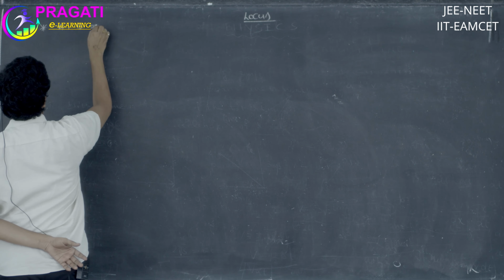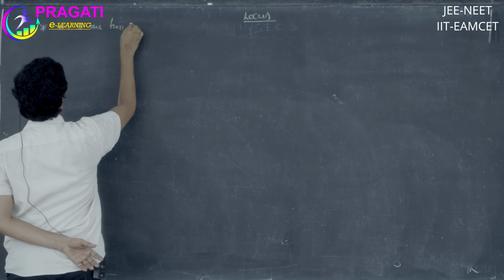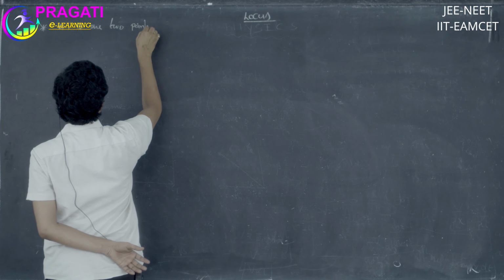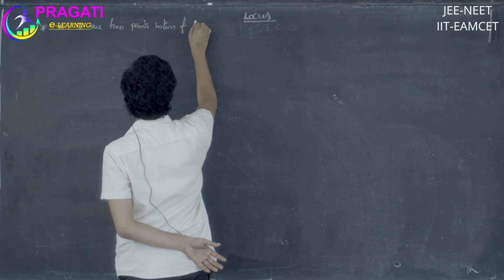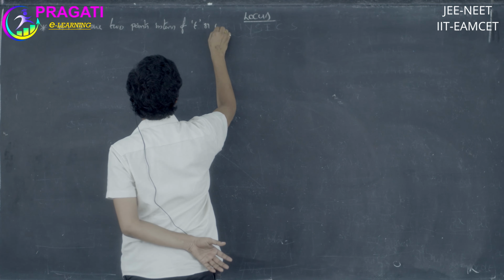Okay. The next point: A, B are 2 points in terms of t or theta.